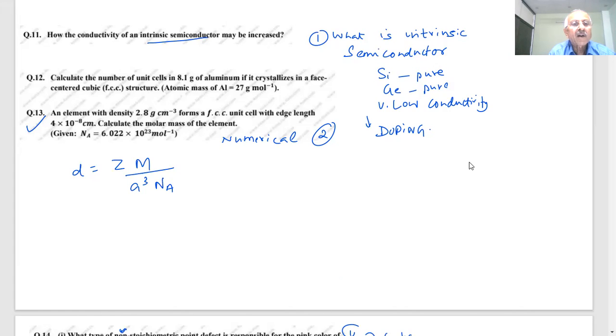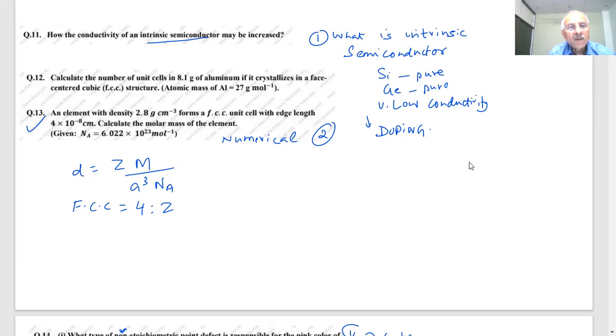He has already given the edge length in centimeters, so no units are required here. The final answer is coming as 27 gram per mole. For FCC, what is the value of Z? 4.